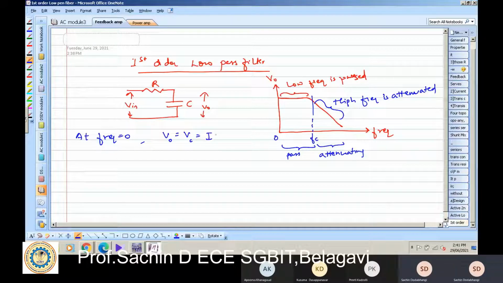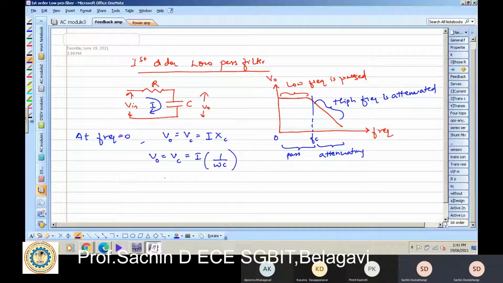Current flowing through the capacitor I take as I, so the voltage across the capacitor is I into the capacitive reactance Xc. Xc is 1 by omega C.